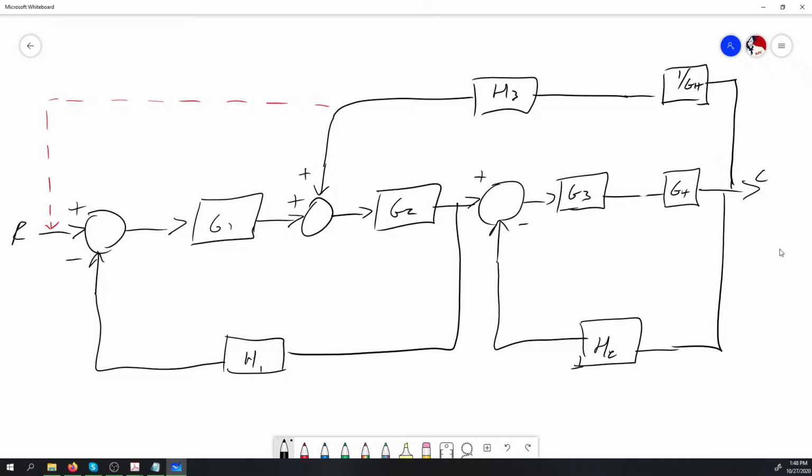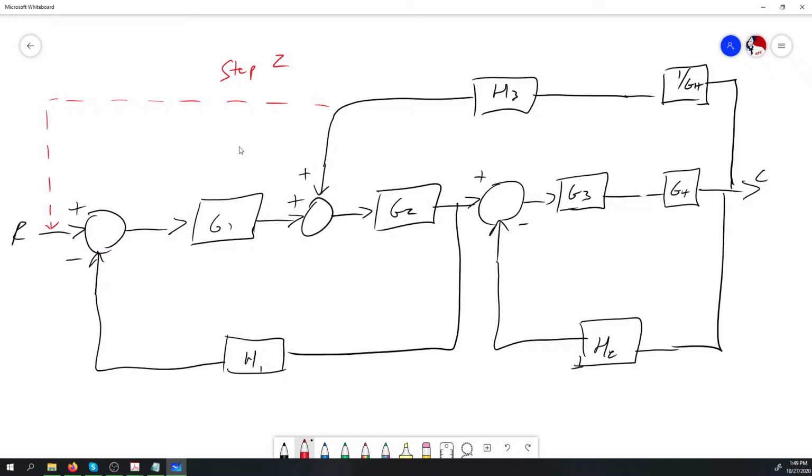And then this being step 2, if we move this summation junction here from the right of G1 to the left of G1, we're also going to have to compensate for this. And the rules for these were done in the block diagram simplification lecture for when you're moving a takeoff point from the left to the right of a block, and when you're moving the summation junction from the right to the left of a block.